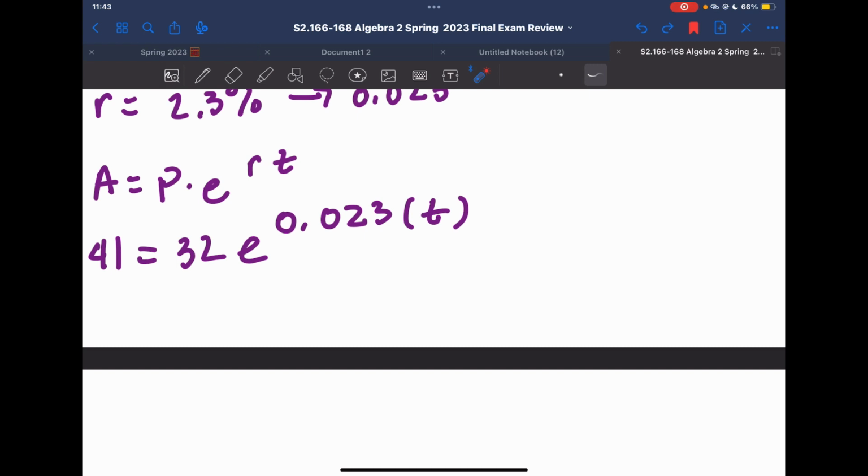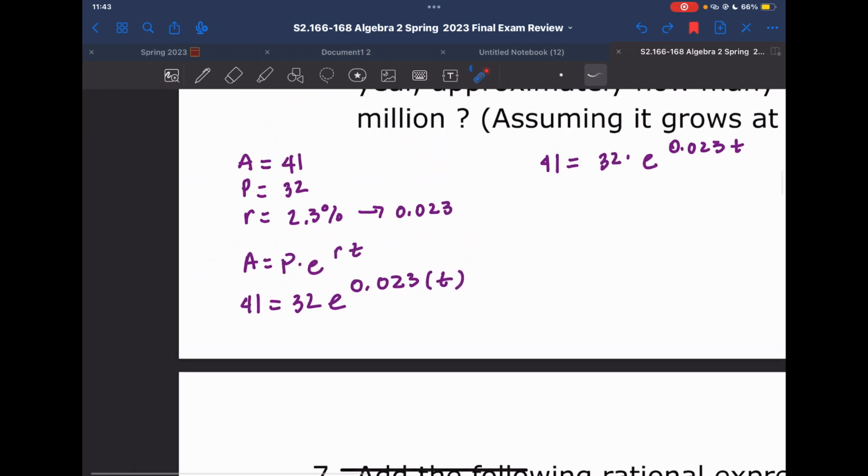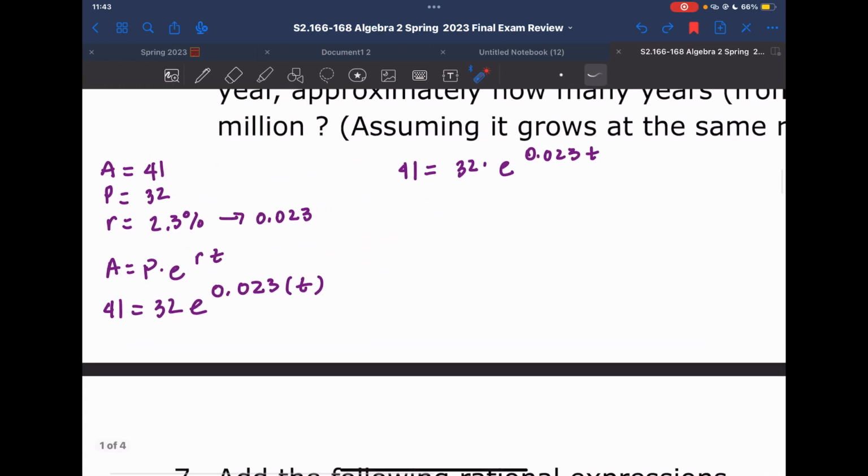Recall that this 32 is multiplied to the base of e, which is raised to this exponent. So we have 41 equals 32 times e raised to the exponent of 0.023t. Then we're going to divide both sides by 32. Once you do that, the 32 will cross out on the right-hand side.